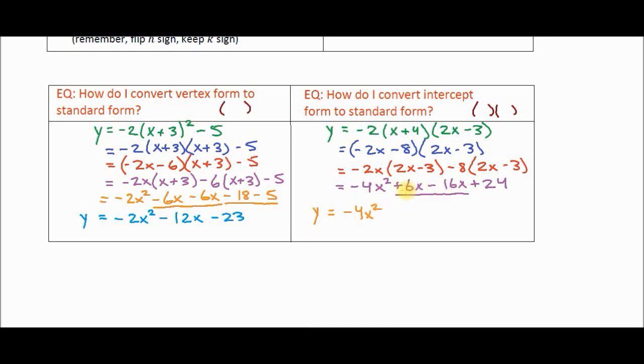So in your calculator, put in 6 minus 16. You're going to get negative 10. Don't forget the variable, that stays with it. And then we have a positive 24 on the end. So converting this intercept form to standard form gives us y equals negative 4x squared minus 10x plus 24.